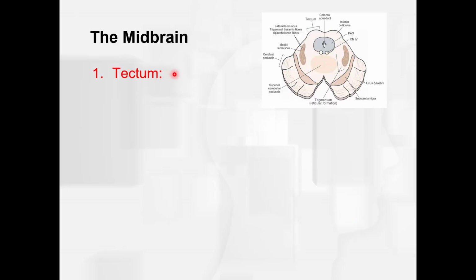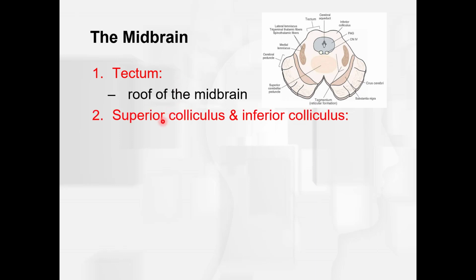Again, the tectum is the roof of the midbrain, and it's made up of those four bulbar colliculi that I'll show you in a 3D rendition in a moment. We have our superior and inferior colliculus, so the plural would be colliculi. The superior colliculus is important in processing visual information.